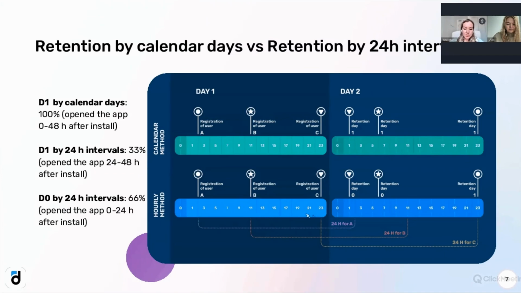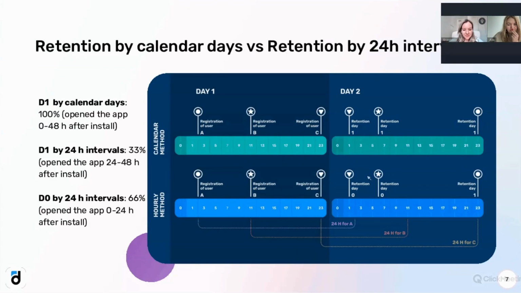But for users B and C, their second visits will go to day 0 retention, because they were within the 24-hour interval after the installation. I hope it has become more clear.